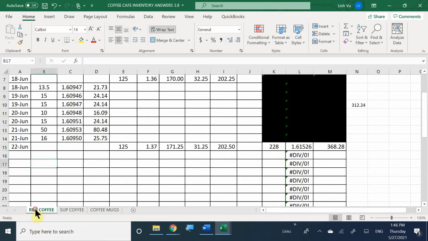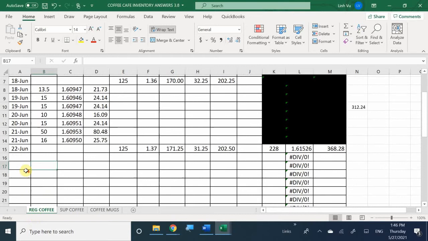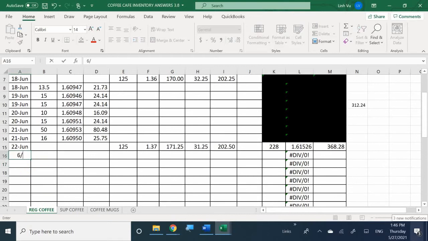So here, regular coffee. Trying to find my inventory sheet.